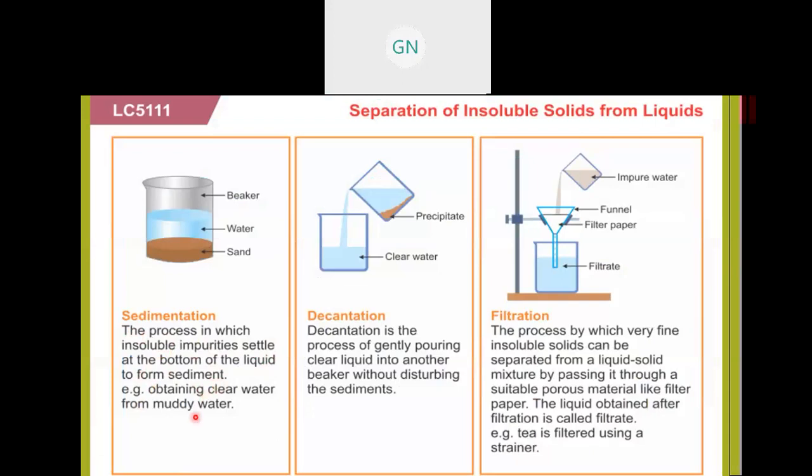Decantation is the process of gently pouring the clear liquid into another beaker without disturbing the sediment. Filtration is the process by which a very fine insoluble solid can be separated from a liquid by passing the mixture through a filter paper. The filter paper retains the solid particles, and the clear solution alone is the filtrate.